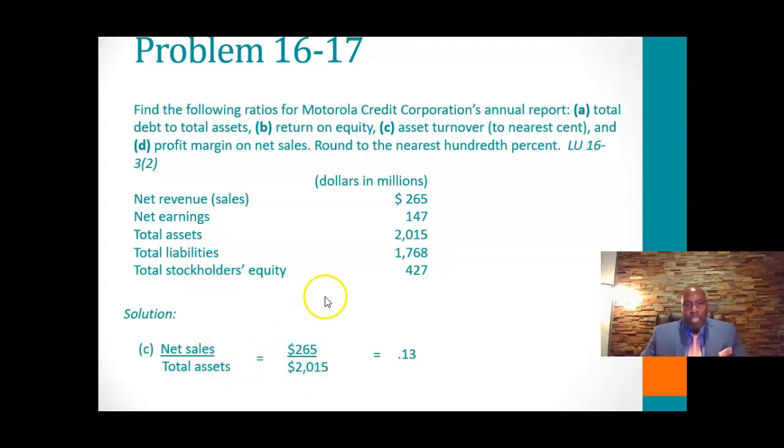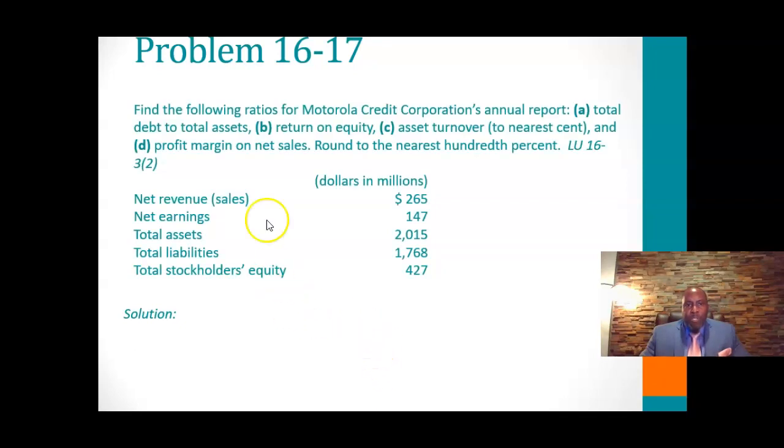So you would take the net sales divided by your total assets, and that would give us an asset turnover of 0.13. So what we're saying is that for every dollar we have in assets, 13 cents of that resulted in sales for the actual business. So we focus on the use of assets to produce sales for the business organization.